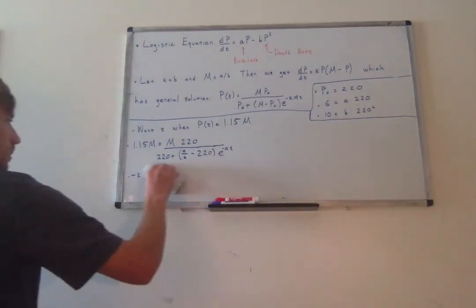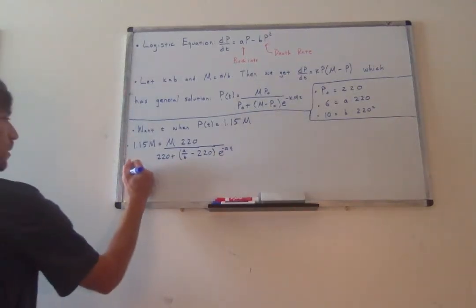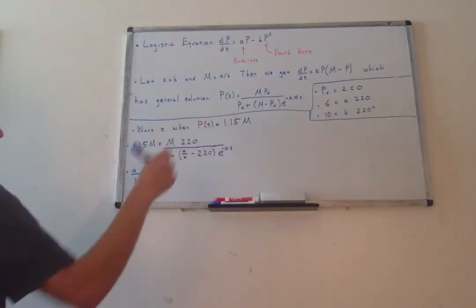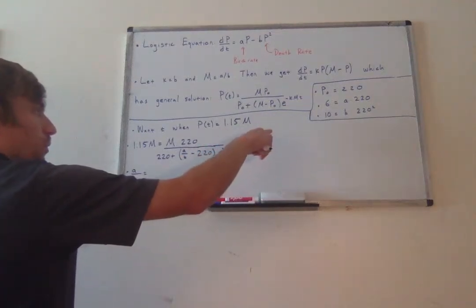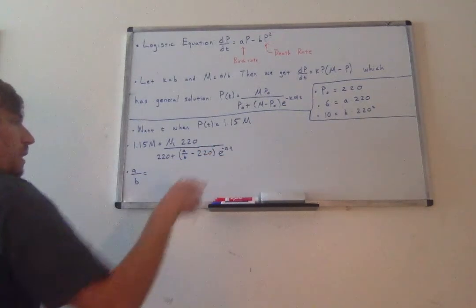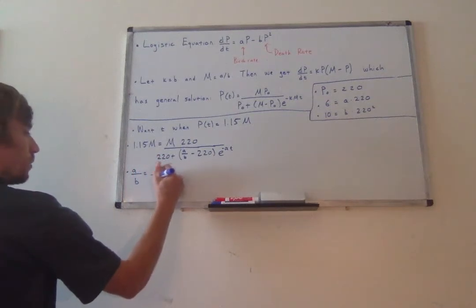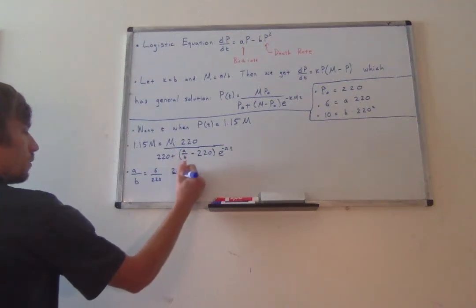Now, A over B. We know that A is equal to 6 over 220, and we know that B is equal to 10 over 220 squared. So this should be 6 over 220 times 220 squared over 10.